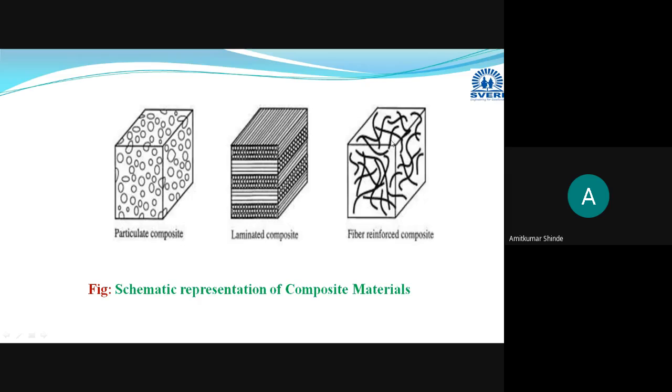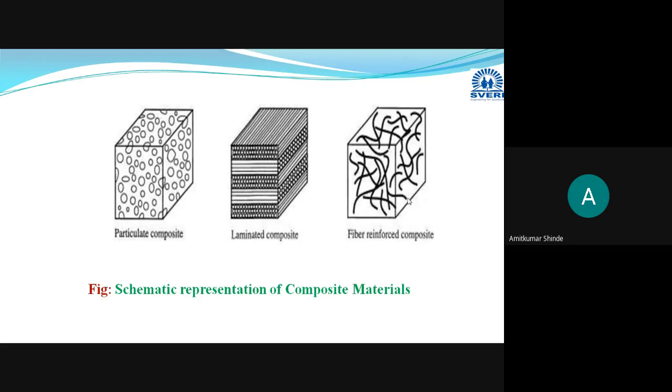Then, due to these fiber materials, it will also provide better corrosion resistance, better oxidation resistance, and better electrical and thermal conductivity. So these will come in the properties. These materials will have very high stiffness, high strength, high hardness, and high toughness.